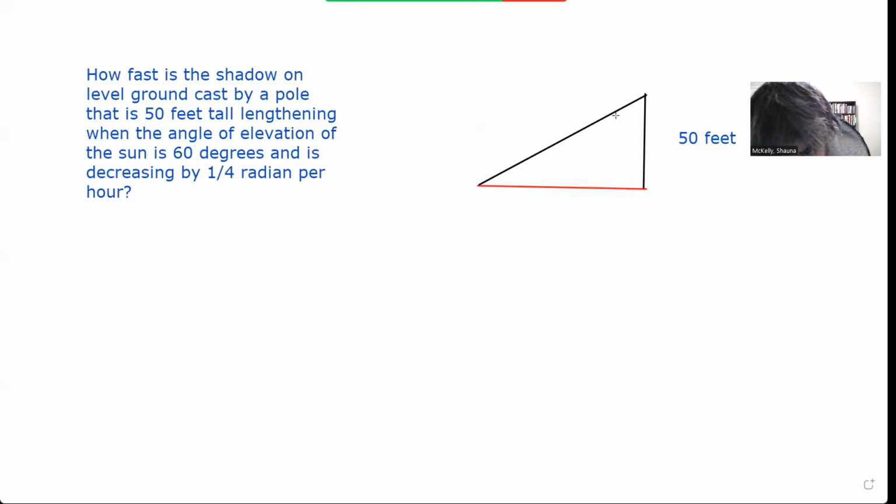And the sun is up here, of course, right? So let me draw my sun. I'm just going to represent that by a yellow dot right here.